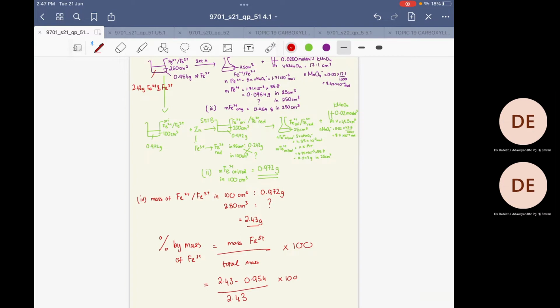State what change could be made to the procedure to enable titration 3 to be carried out in set B. Set B is that. So you saw that in set B, the titer values are very big, right? 40 something, 40 plus.